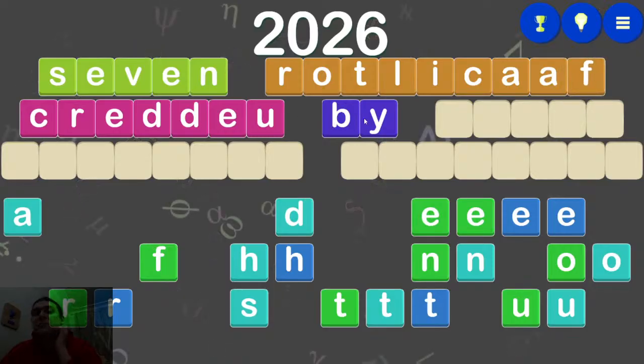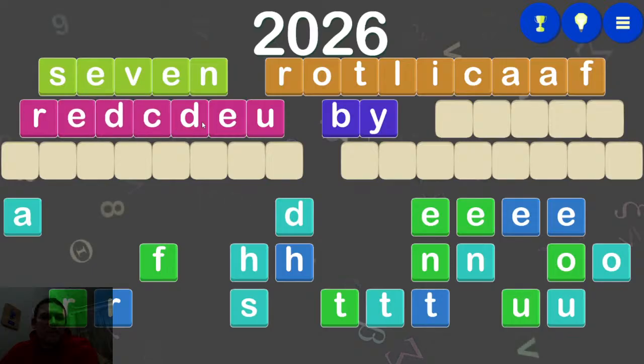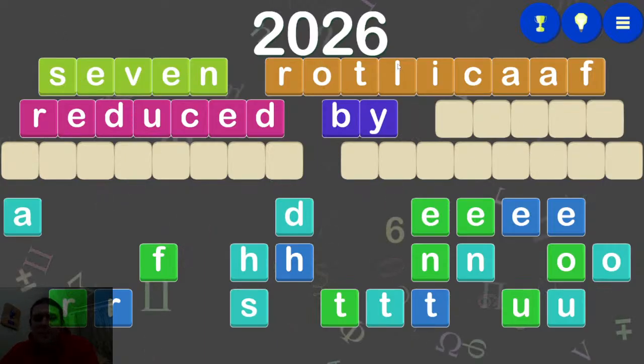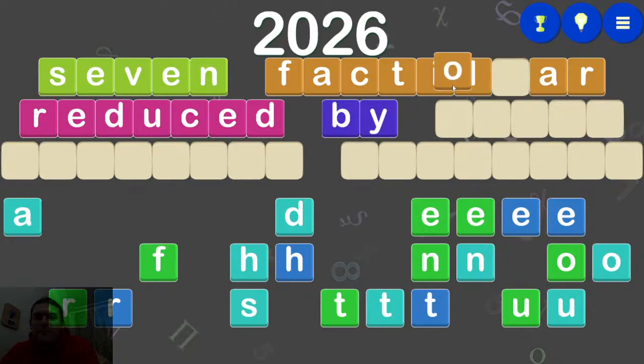All right. So by this word by, it can be multiplied by, it can be divided by, increased by, but right here it is reduced by. So 7 something reduced by something. So this word, it is factorial. It is a very interesting math function.